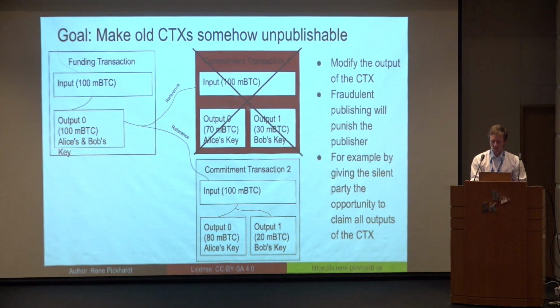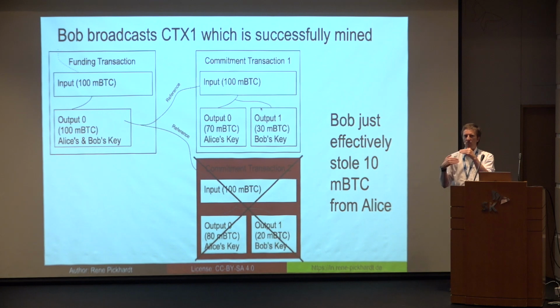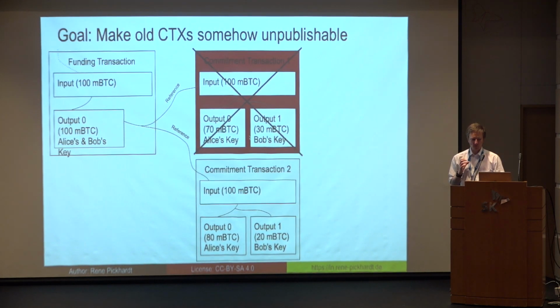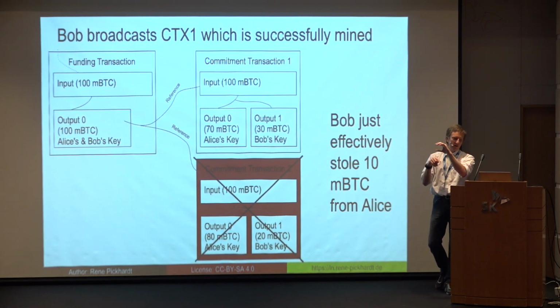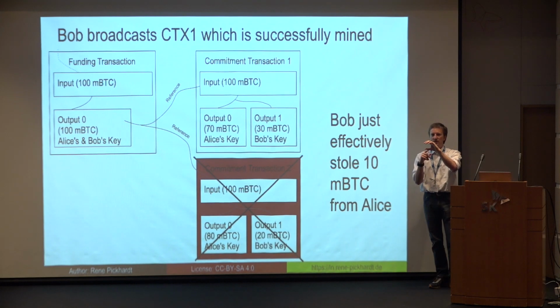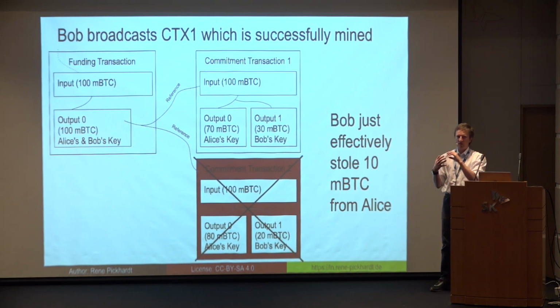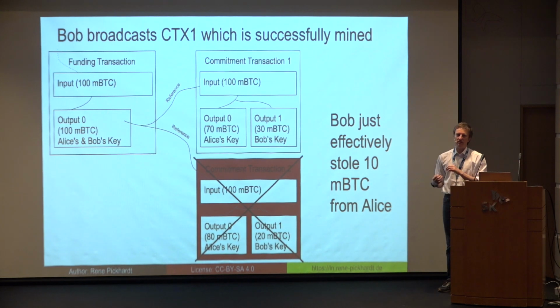So if this situation happens, if Bob publishes a state of the channel which is outdated, Alice needs to have a mechanism to spend Bob's 30 micro bitcoins before Bob can claim them, right? So what we want is for those to be time locked. So if someone wants to claim it, the other party can use a different transaction which spends this output before Bob can spend it, right?